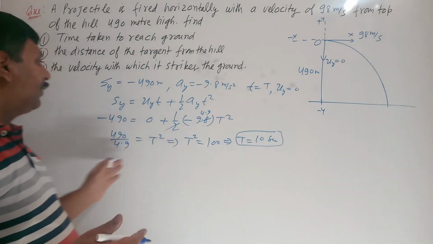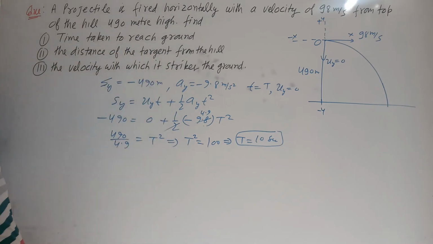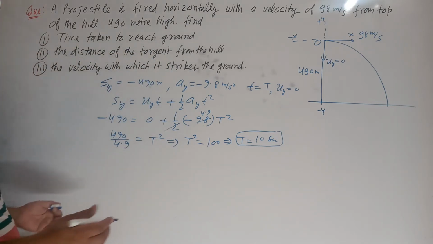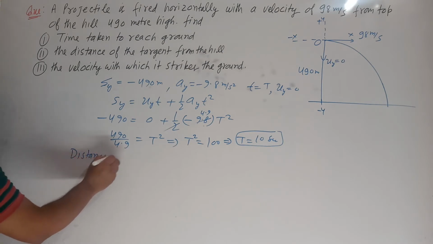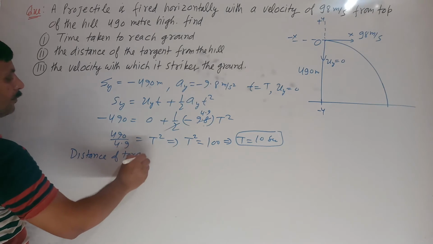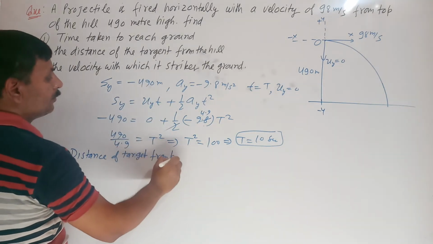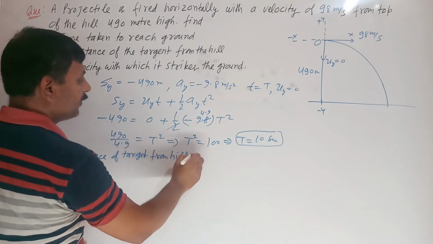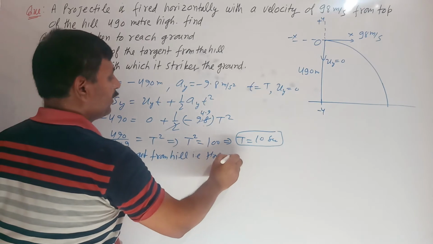One thing more. What do we have to find? The distance of the target from the hill, that is, the horizontal range. What will be the horizontal range?